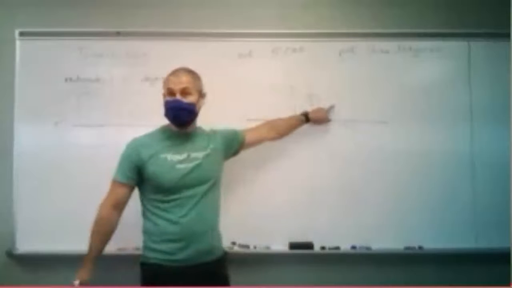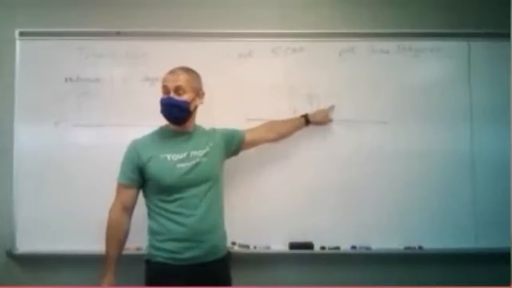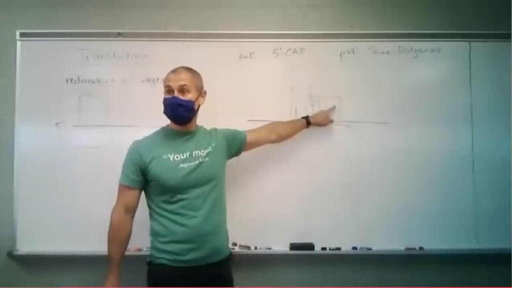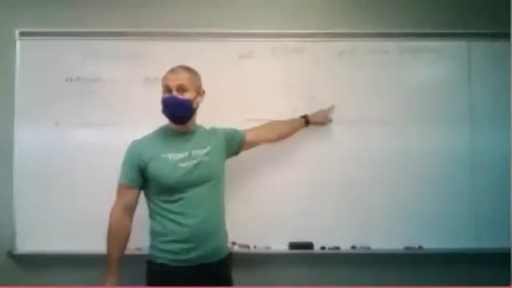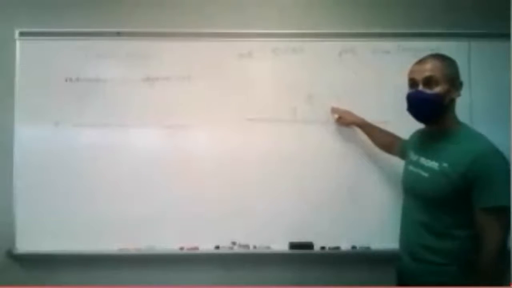The A site is empty, and what gets in there now? What gets in the A site? What happened at the previous step? What got in the A site? What kind of RNA?